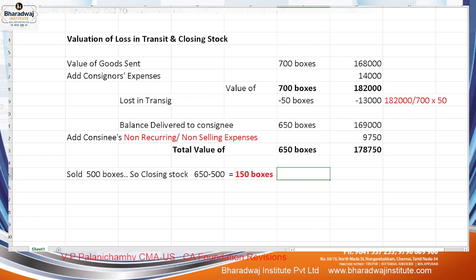Same principle. 1 lakh 78,750. If it is for 650, what is for 150? This is the value of closing stock.